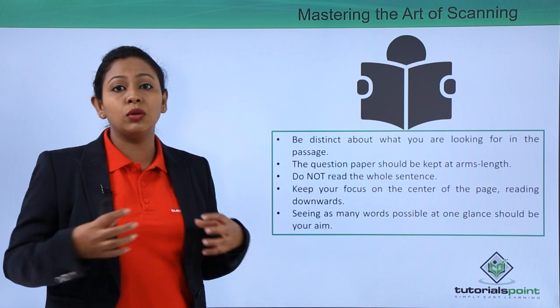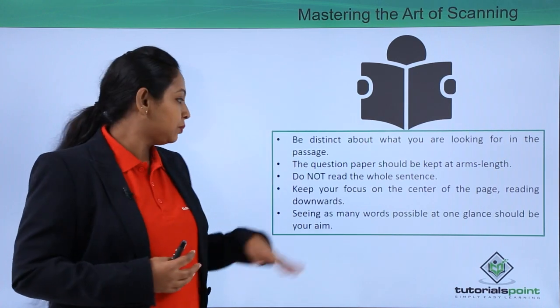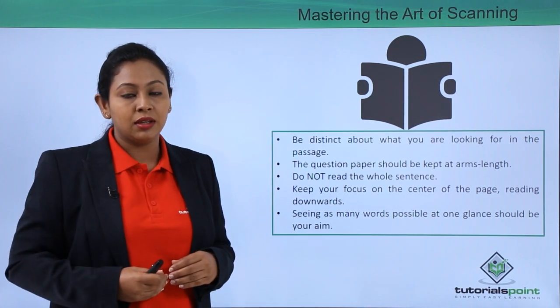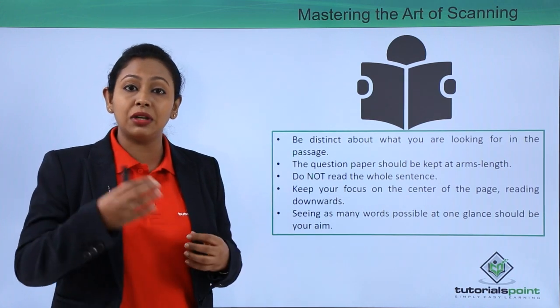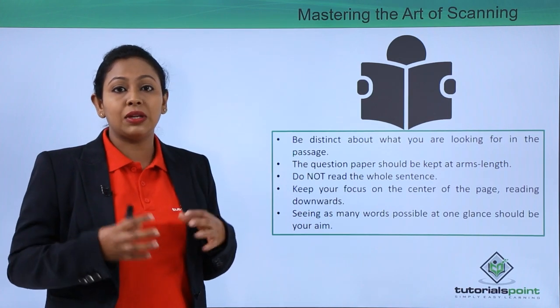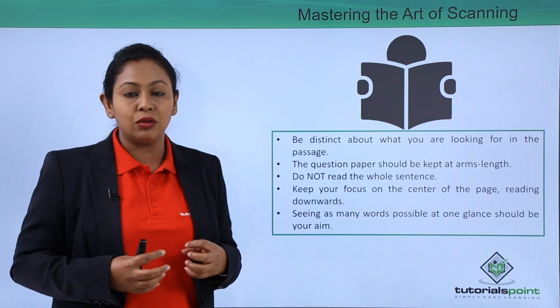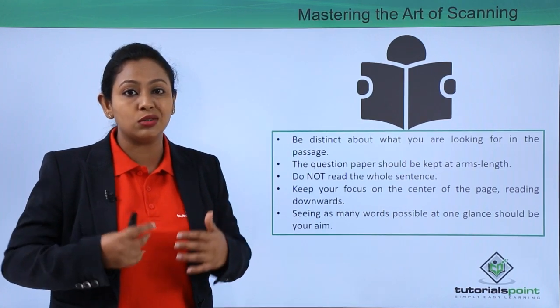Do not read the whole sentence. Just try to absorb whatever you can see. Keep the focus on the center of the page and read downwards. This will help you understand the gist of what you're seeing and not read word to word. Seeing as many words as possible at a time is your aim here. This is what is called scanning. You should just go through the words and not try to read and understand them word to word.